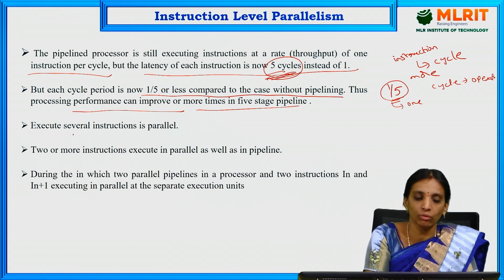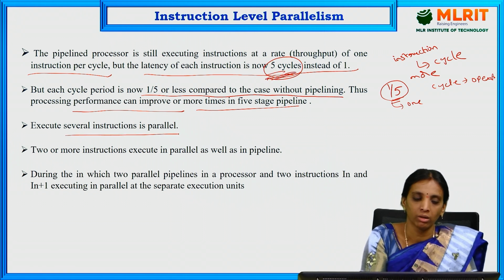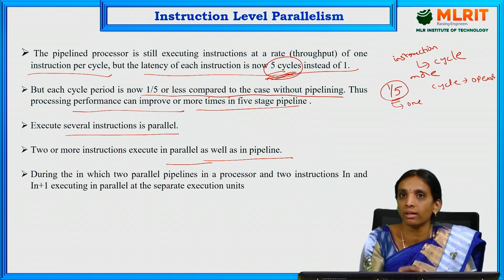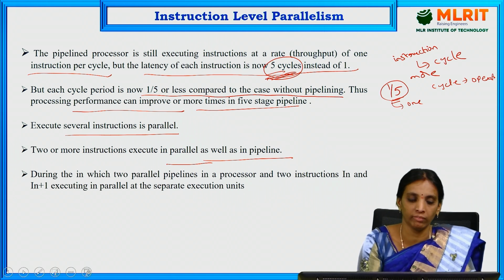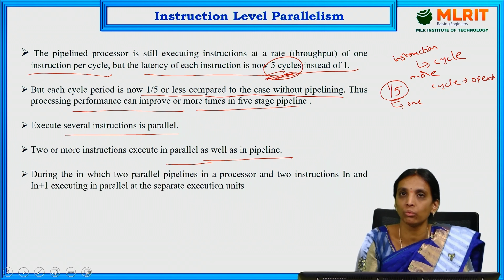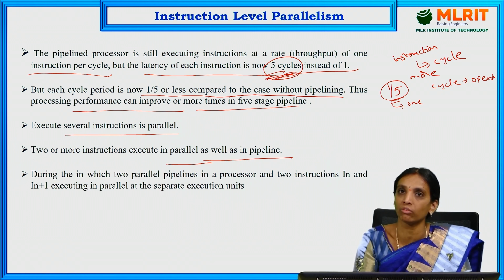So it executes several instructions in parallel. Two or more instructions can be executed in parallel as well as in a pipeline. With two parallel pipelines in a processor, two instructions are executed in parallel on separate execution units.